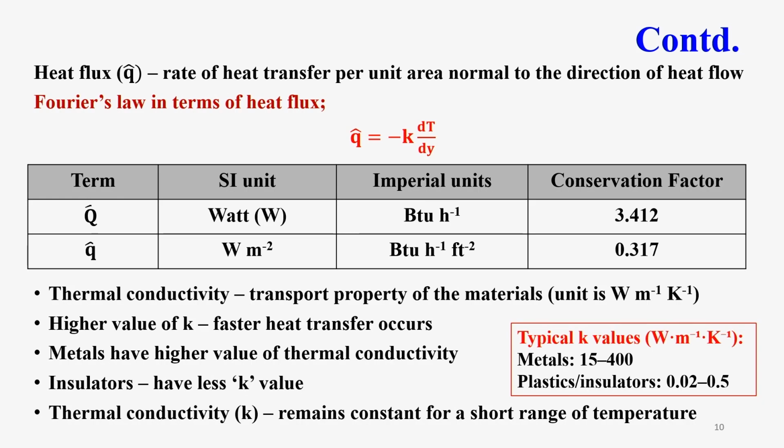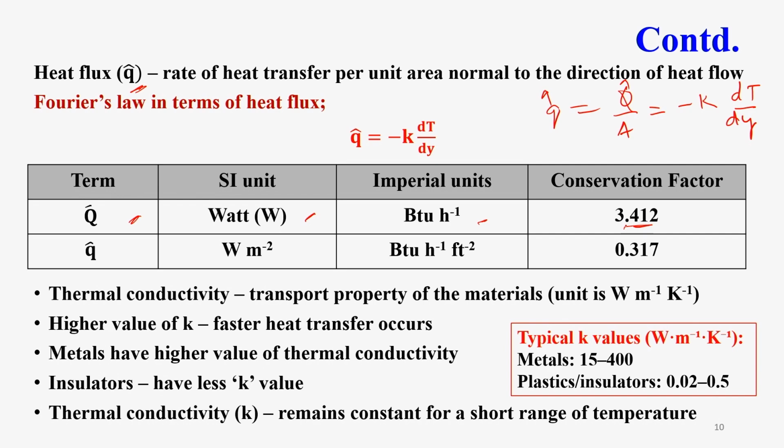So, heat flux: many times if area is not given, we directly calculate the heat flux. It is defined as capital Q upon A, so now this becomes minus K into dT upon dy. Now, the unit of heat transfer rate we write in watt, and the imperial unit is BTU per hour.